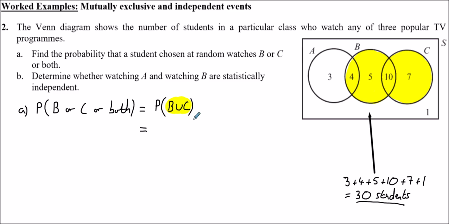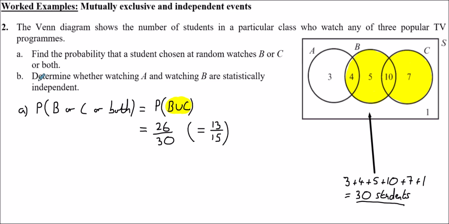Or what you might want to do instead is notice that's everything apart from this 3 and 1. So it's everything apart from 4 students. That's going to be 26 students, so it's going to be 26 out of 30. Which, if you want to, it's optional, you can simplify down to 13 over 15.